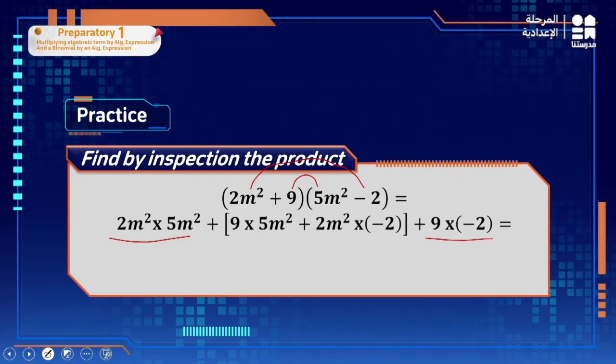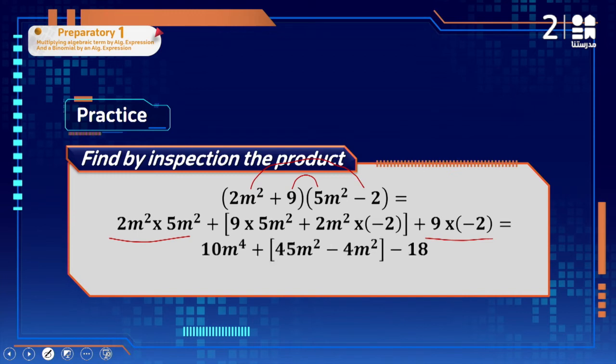Now, we are going to do the arrows. 9 times 5m squared and 2m squared times negative 2. Take each number with its sign. So 5 times 9 equals 45.